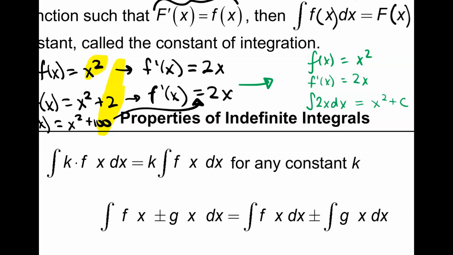All of these functions are x squared plus 0, x squared plus 2, x squared plus 100. When I take the derivative, they all have 2x as a derivative. But if I start with the derivative and want the original function, there's an infinite number of functions whose derivative would be 2x. That's why we have a plus c, because it depends on our initial values to see which one it actually is. It's kind of tricky. It's a puzzle, because there are lots and lots of functions that all have the same derivative.